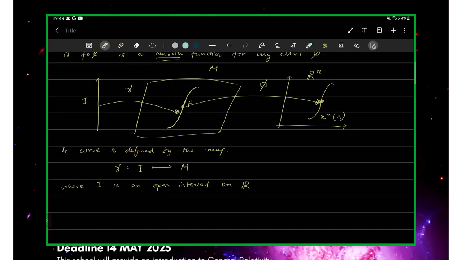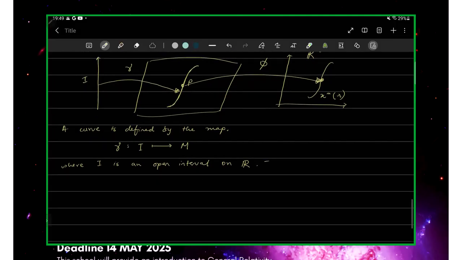So in that case, this labels each point along the curve gamma by a parameter which we define as lambda, which is again in I.